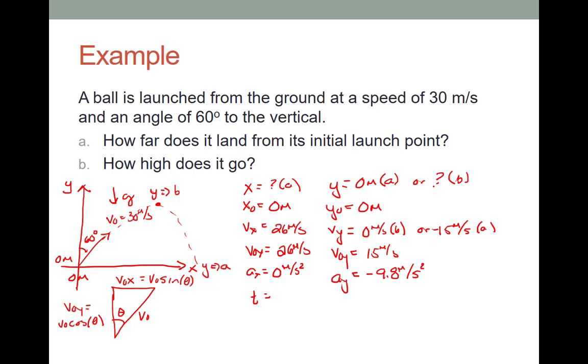Let's consider part A first. Part A wants to know position X. We know that to find position X, we have to know T. In order to find T, the easiest way is to use this equation in Y. Because we can invoke symmetry in this case, we know Vy is negative 15 meters per second.